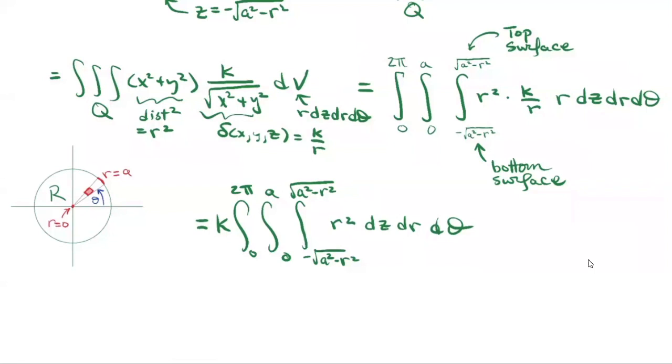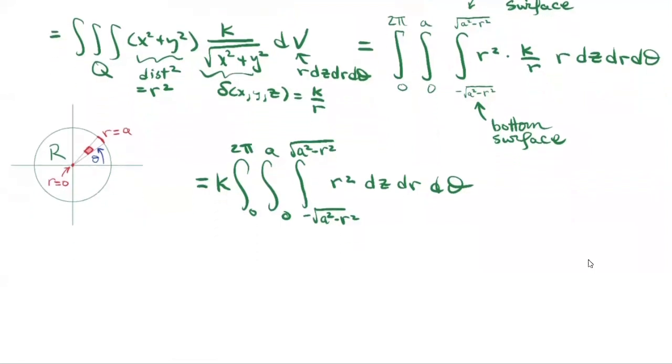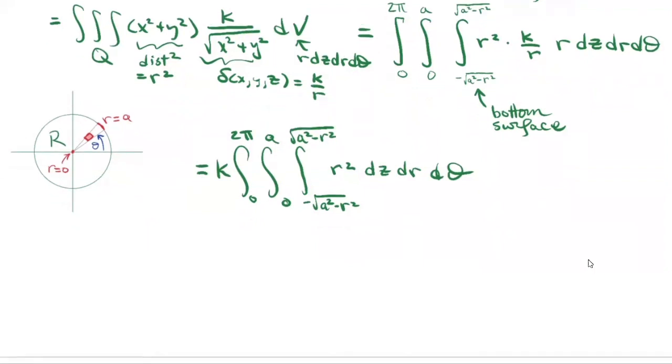I don't really like the looks of that because integrating r squared times the square root of a squared minus r squared sounds pretty bad. So we'll probably get a little help from our friends on that. So you're going to have that r squared still, but times z. We're integrating dz right now.